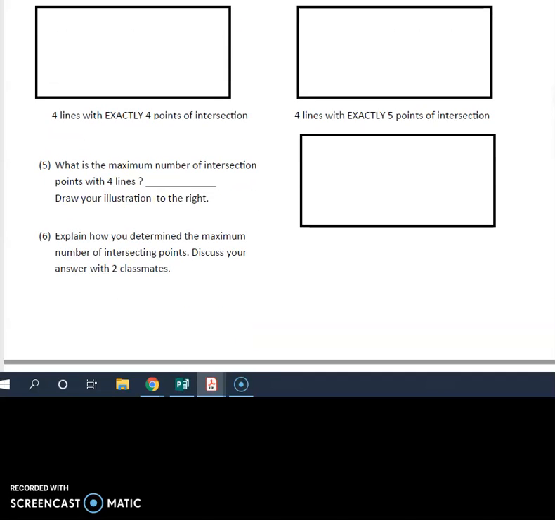And then I'm asking you, can you actually come up with the maximum? If I was going to draw a bunch of lines and they were intersecting each other, how could I guarantee the maximum number of points that are possible when drawing 4 lines?